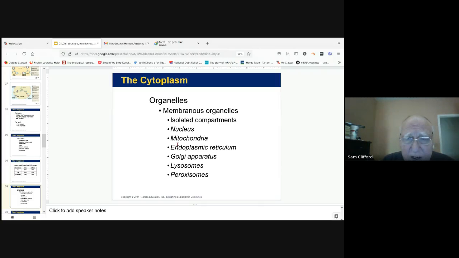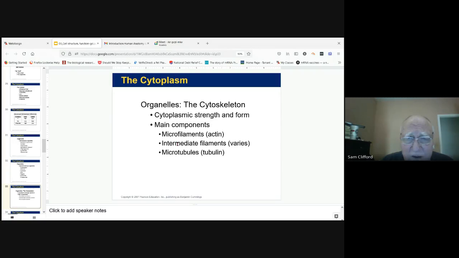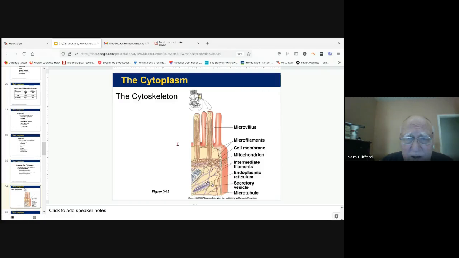So what are the organelles? Read through this list, all this list of stuff. It's your job to read the list and make sure you know what they do. So these are all various mitochondria, endoplasmic reticulum, secretory vesicles.